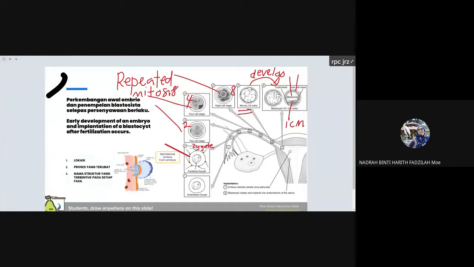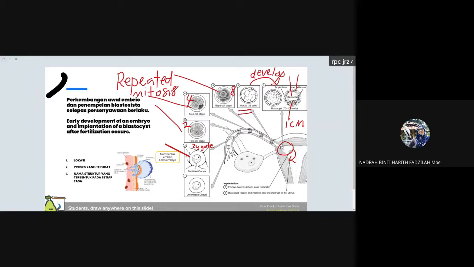So masa dia dah membentuk blastosis ni, the structure is already inside the uterus area, inside the uterus. Dia dah keluar daripada fallopian tube lah. So it is ready to conduct implantation. Okay, bila dia dah membentuk blastosis, dia boleh buat implantation.